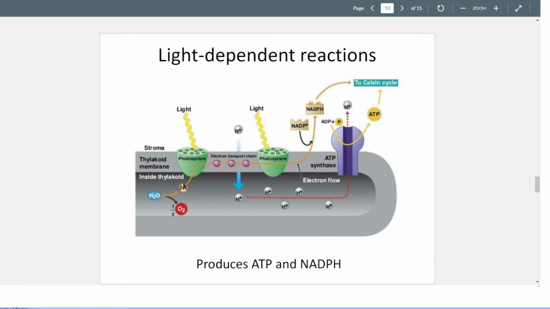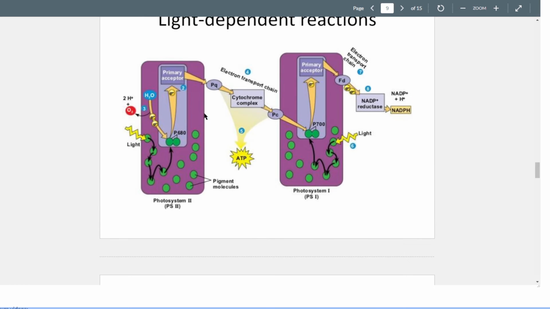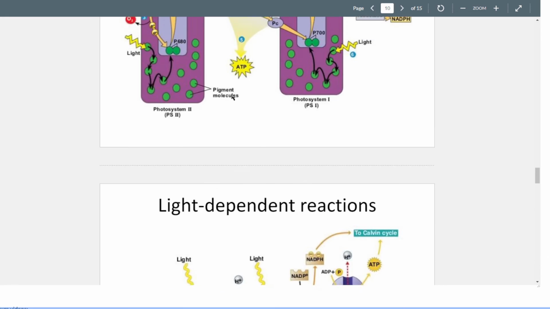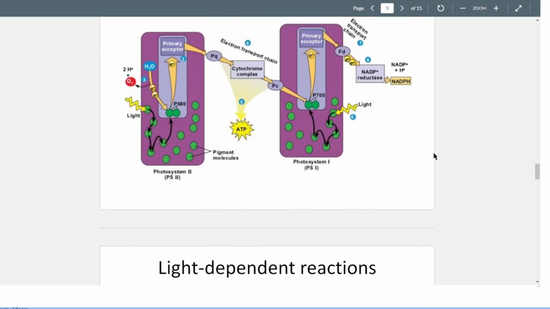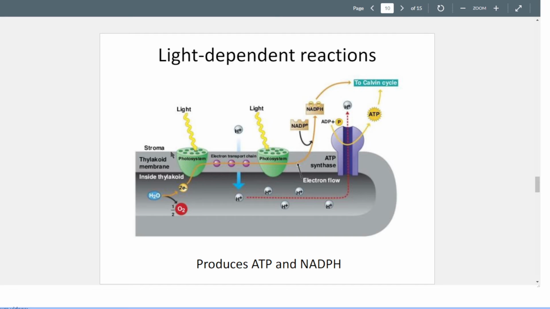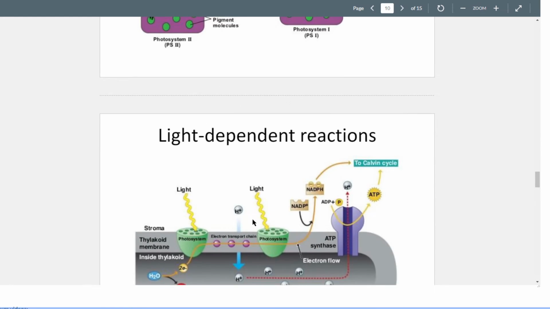The light, this is really this, these green, what would you call them? Like green half circles? You mean thylakoid? No, the one's called photosystem. Like half circles? I thought they're photosystem 2 and photosystem 1. Isn't that the pigment?